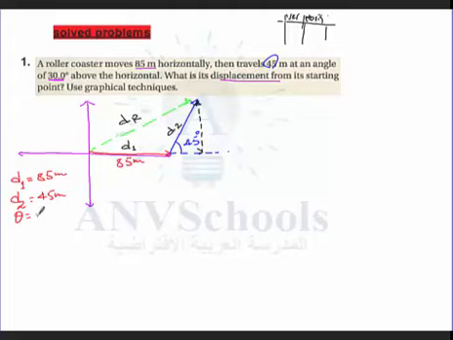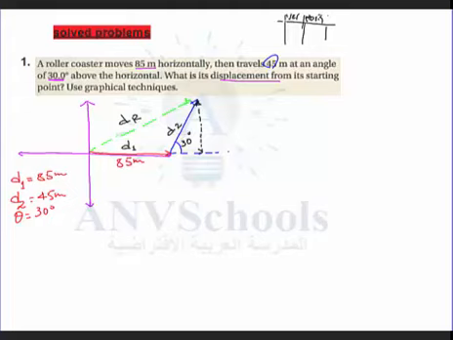The angle the second displacement makes with the horizontal is, oh sorry, I'm really sorry, not 45 degrees. The angle is 30 degrees. So let's find the horizontal and vertical components of the second displacement.